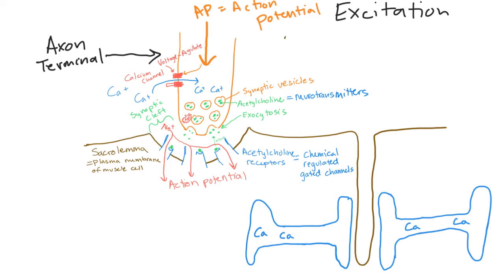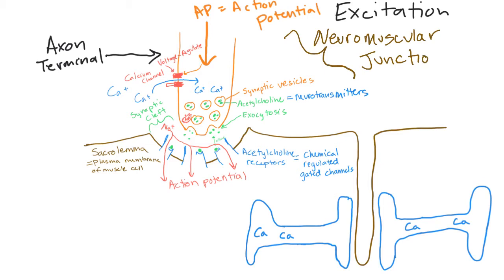So this whole thing is called the neuromuscular junction. And the process that we're talking about right now is excitation. So we're talking about excitation at the neuromuscular junction, which starts with the action potential coming down the axon terminal.